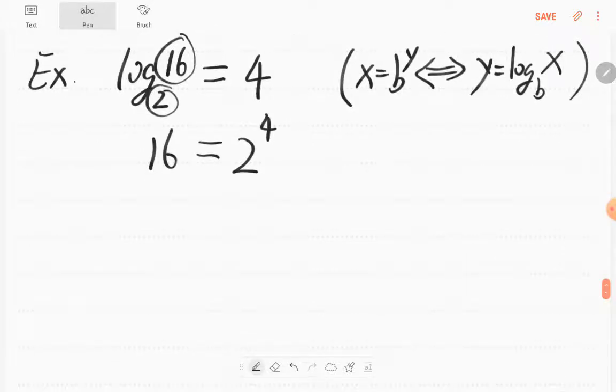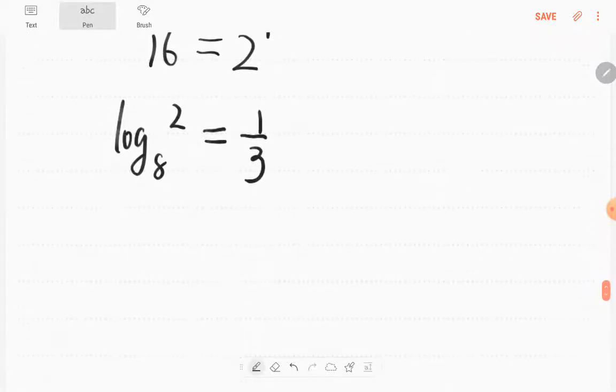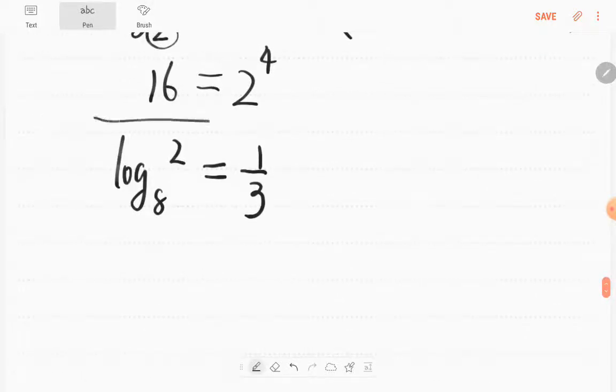Another one is log base 8 of 2 equals 1/3. That means 2 equals 8 to the 1/3.